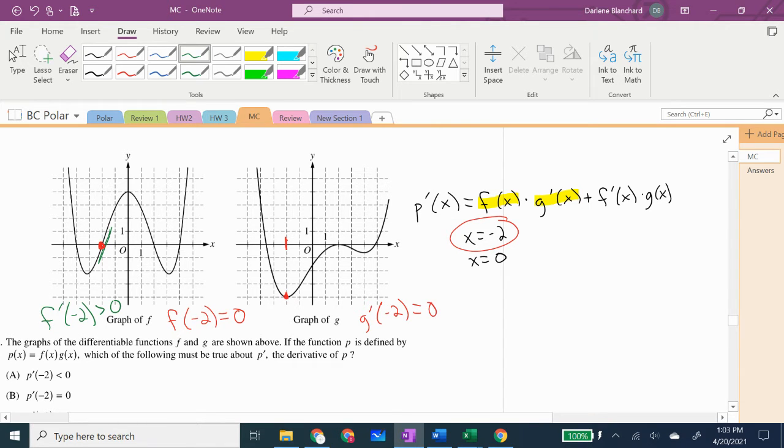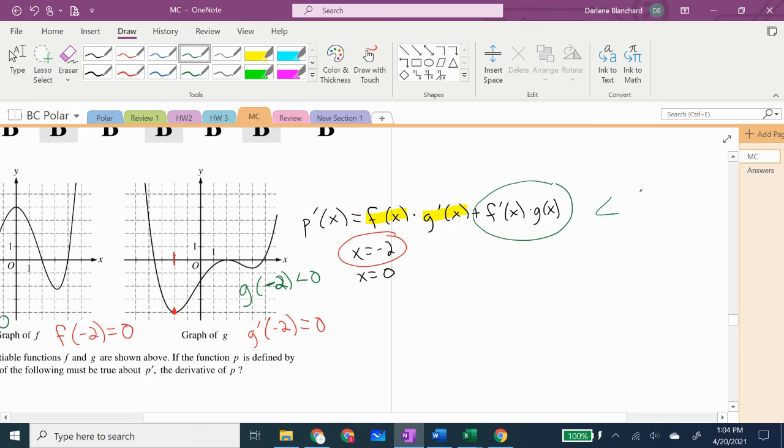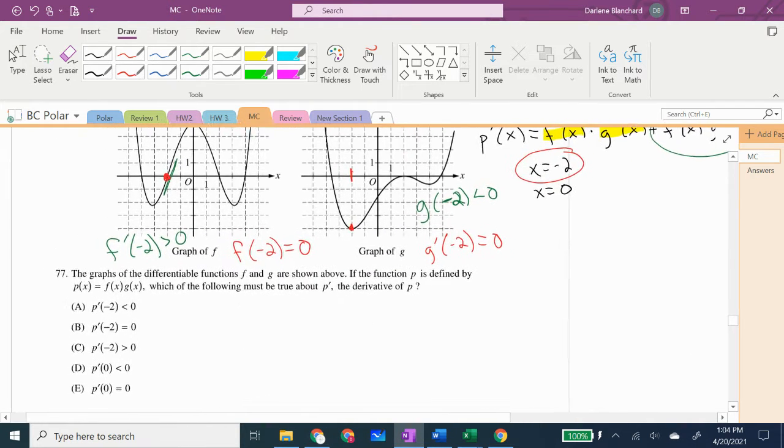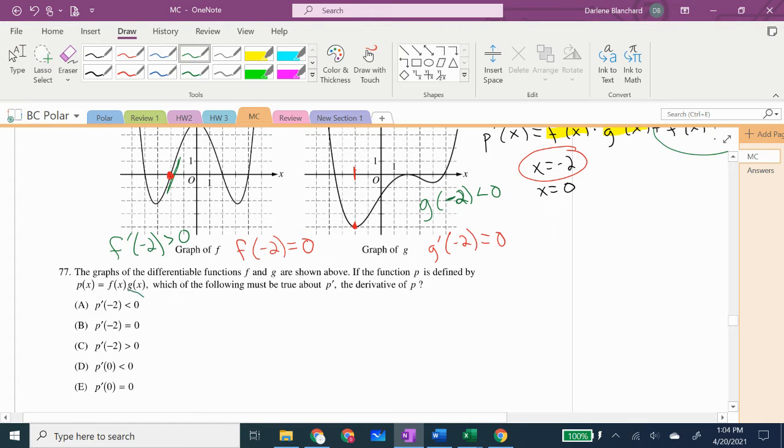Here, the y value of g is negative at -2. So if I multiply a positive times a negative, I will get a negative. 0 plus negative is negative. So do I have a result p prime of -2 is negative? I do. Do we want to double check the issues at 0?